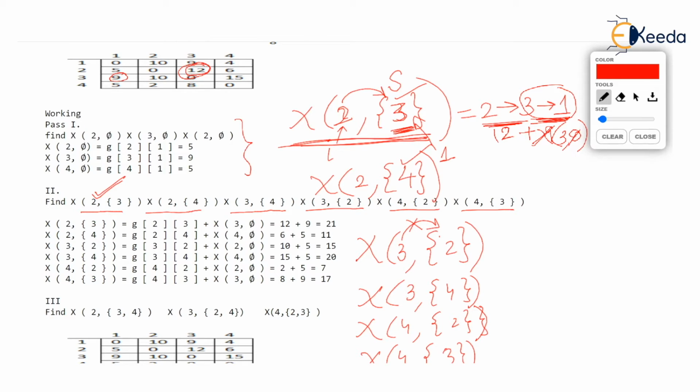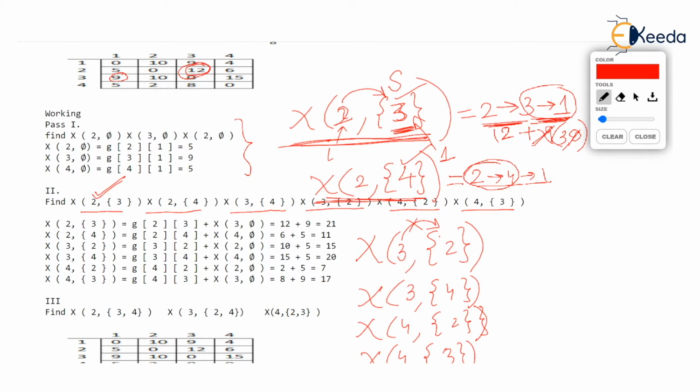What will be X24? This entry. You have to start your travel from 2, then go to 4, and finally end it with 1. So how will you find the cost of this tour? Look, you don't have to do all the hard work. Of course, for 2 to 4, you have to refer to the matrix. Second row, fourth column is 6, plus.